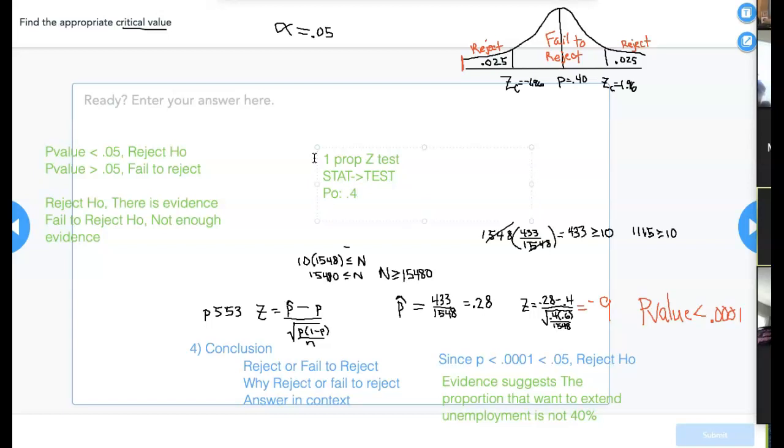We use 0.4. x is 433. 433 people said yes. n, 600. And prop. Are we going to choose less than, greater than, or not equals? Okay, so in this problem, we're testing not equals. So we're going to choose not equal.